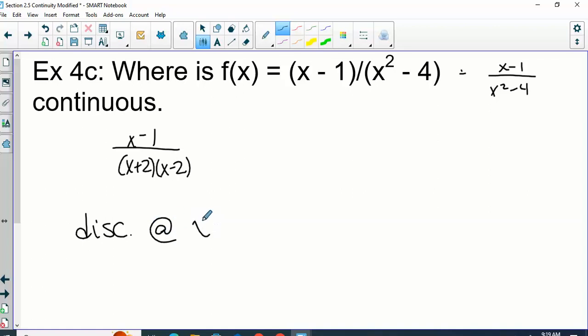We get two vertical asymptotes on that graph. So we'll have breaks at both of them. Any questions there?